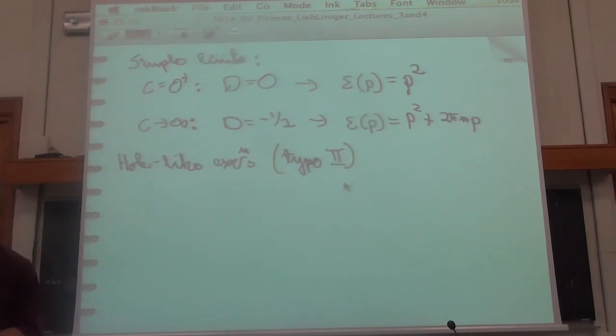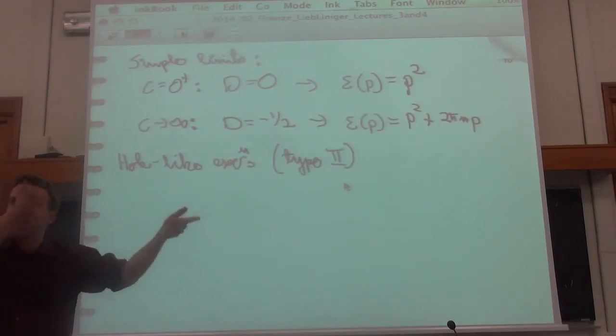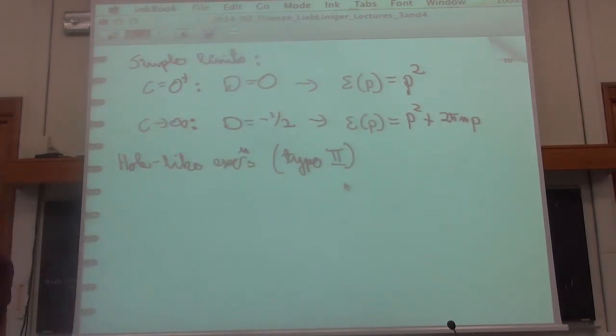There's no nonlinear term in the coupling between these excitations. It's a very important fact. Of course, it's only true to leading order in 1 over L. Otherwise, of course, they still count. But you don't need to worry about that.